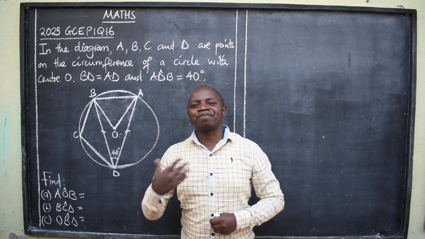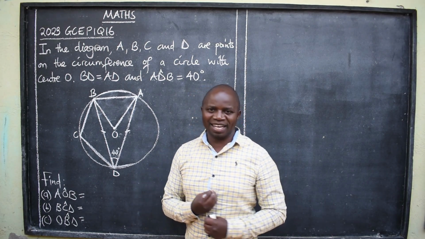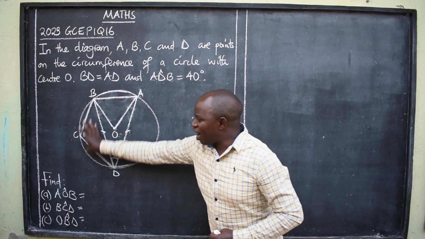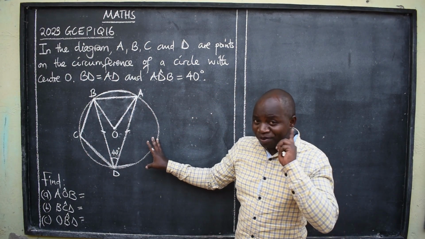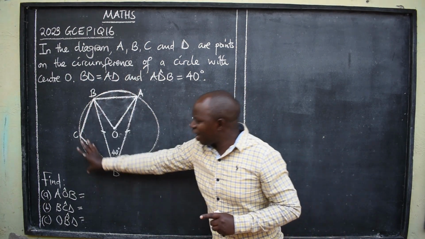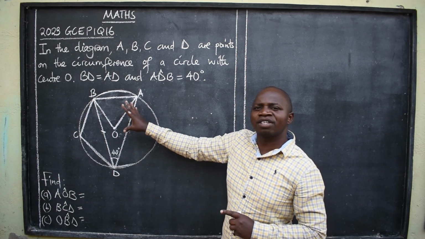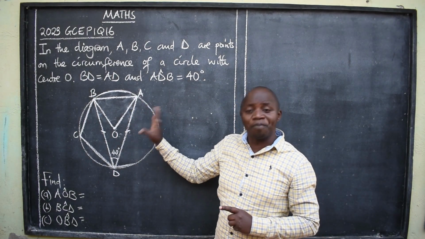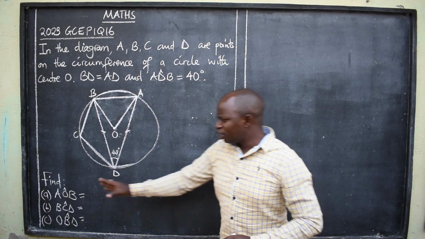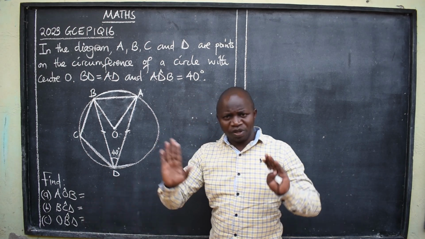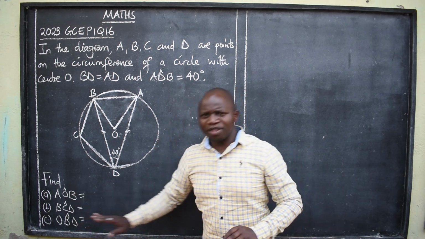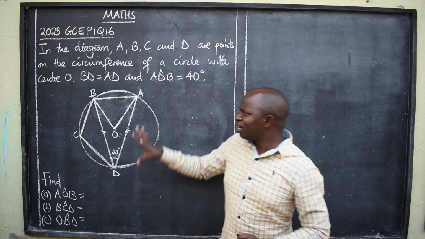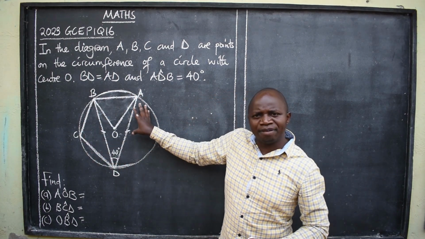Now, what are some of the properties that you need to understand? Whenever you are given a question from circle theorem or properties of the circle, don't rush to this. Forget about them for now. We are going to put the properties here.